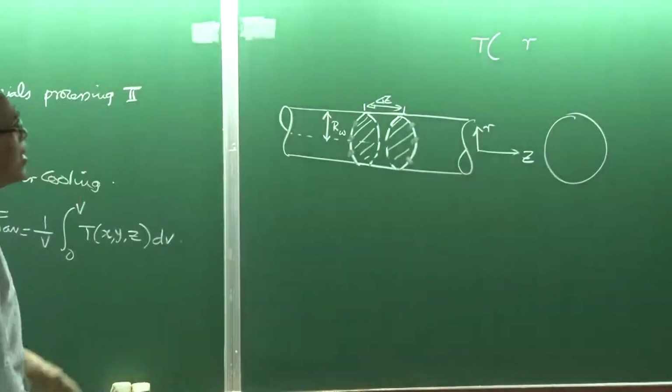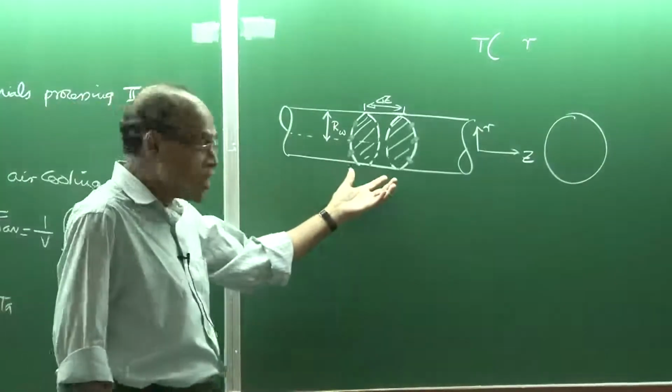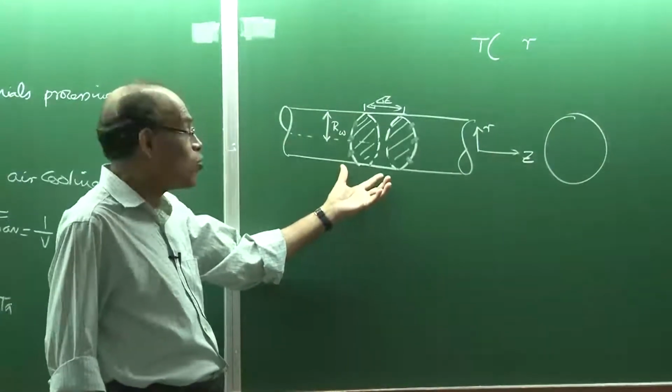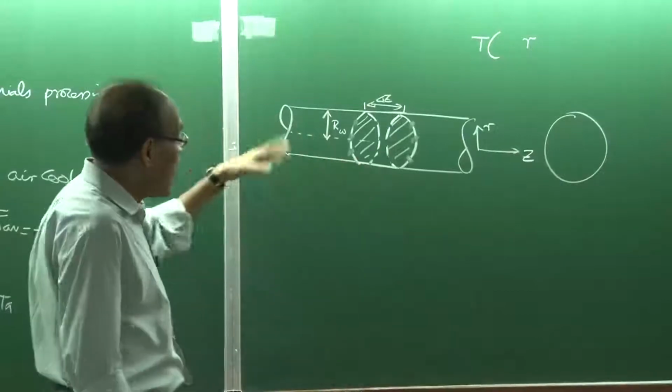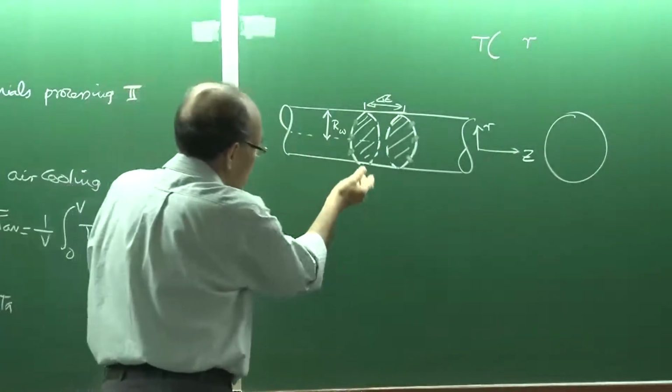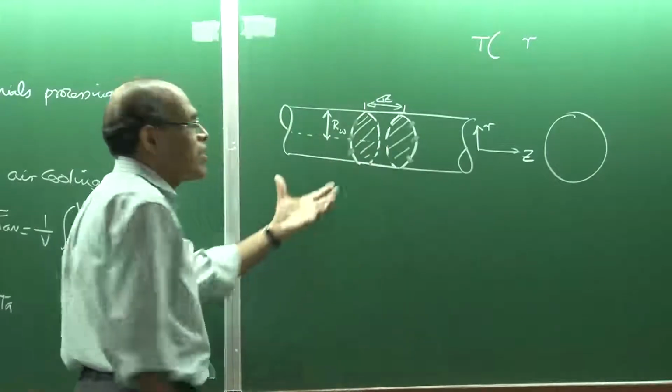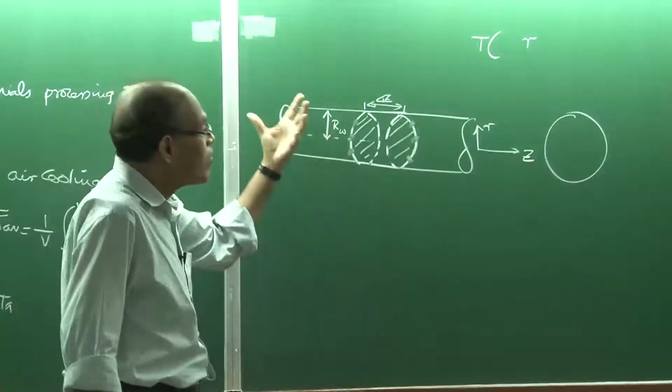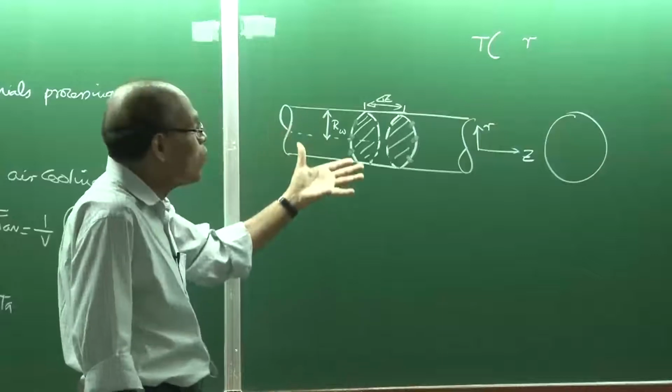The process is unsteady in nature, it is not going to be a steady process, and therefore there are two possibilities: the radial heat transfer can be taken for a stagnant wire, or the radial heat transfer can be taken for a moving wire.